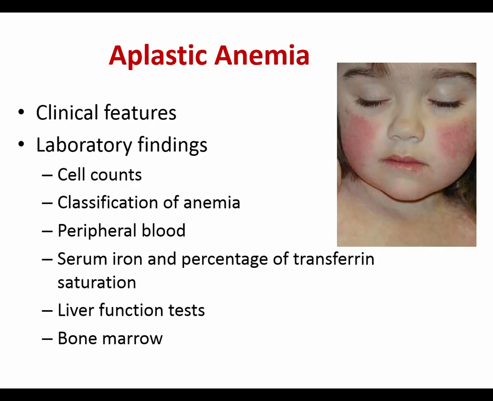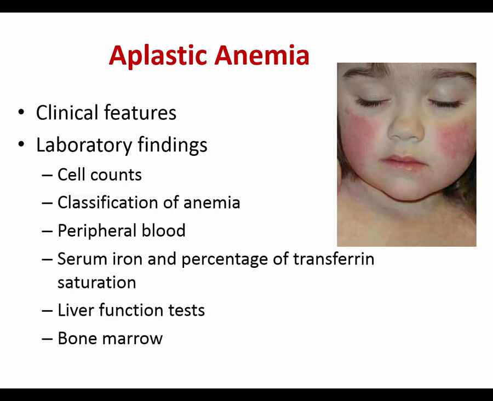Okay. What is the problem with aplastic anemia? The bone marrow cannot produce the red blood cells, right? So what do you think is going to happen to the serum iron level? If you are not using that iron to make red blood cells, it's going to be increased.